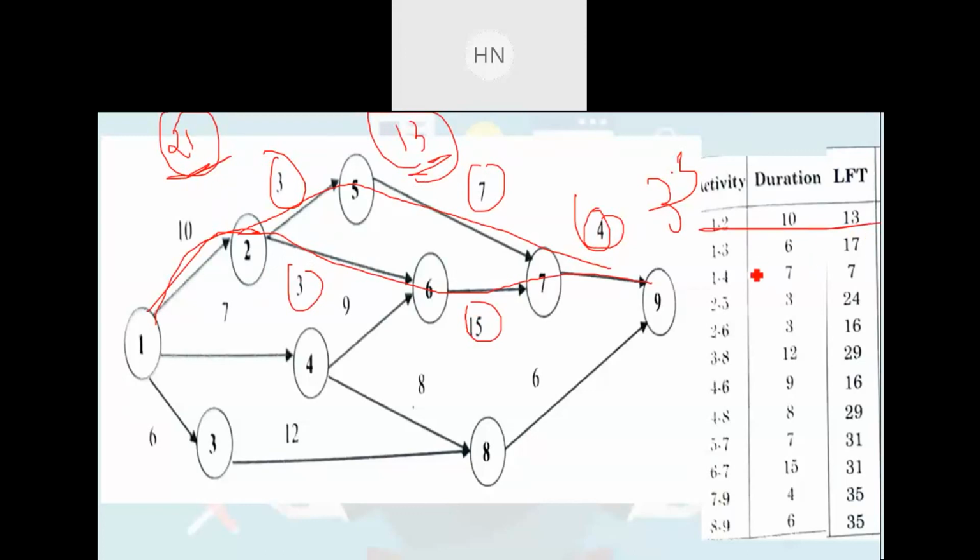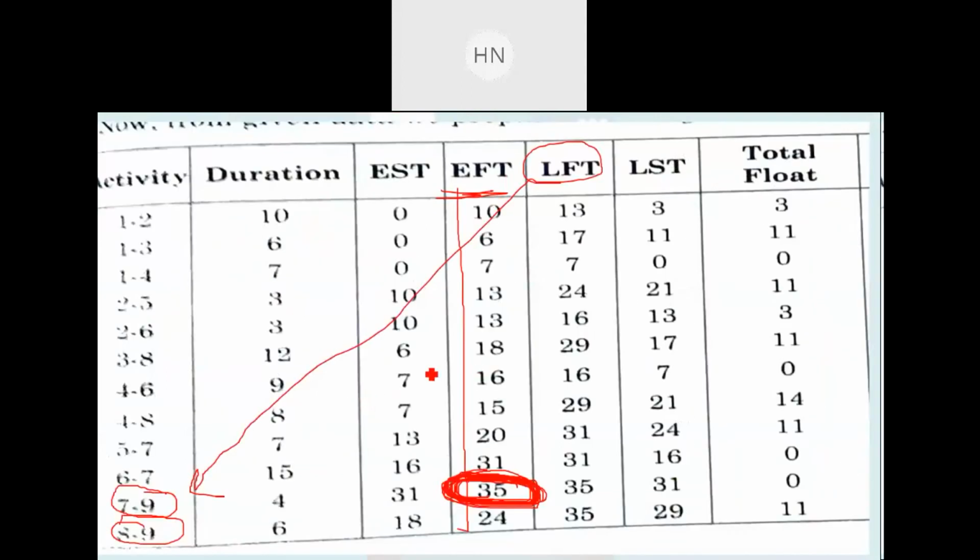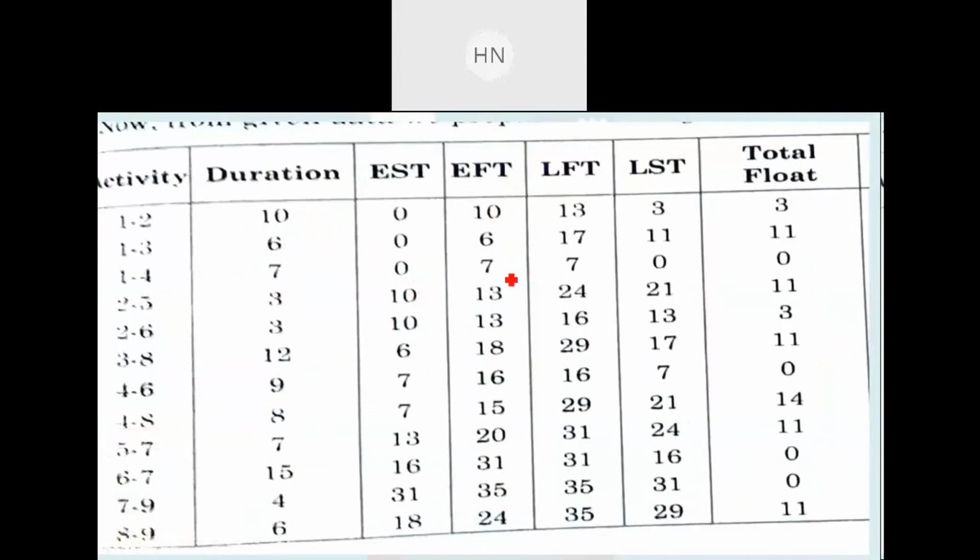So in this manner you need to calculate LFT. After calculating LFT, how will you calculate the latest starting time? We already have this LFT. To calculate the latest starting time, you need to deduct the duration from this LFT. Where is the duration?